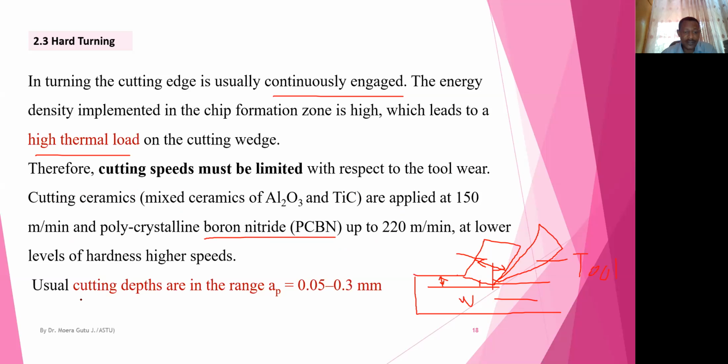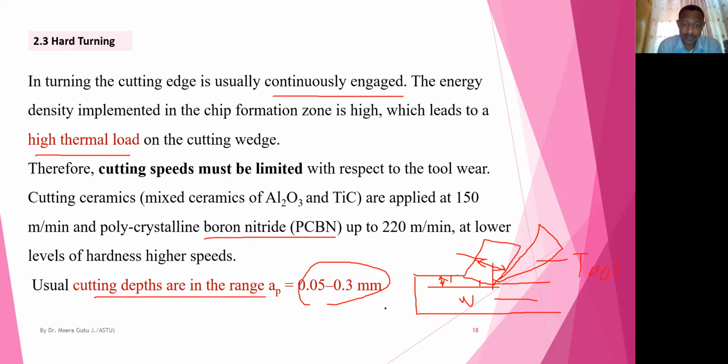Usual cutting depths are in the range of 0.05 up to 0.3 millimeter, which is very, very small. So there is a limited or optimized range, which can be investigated through research.